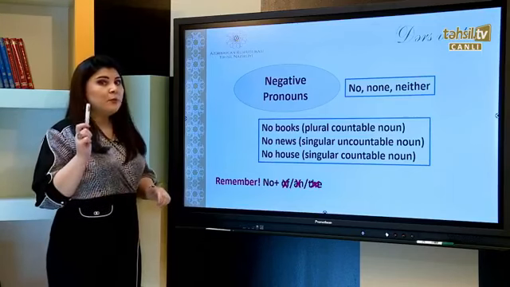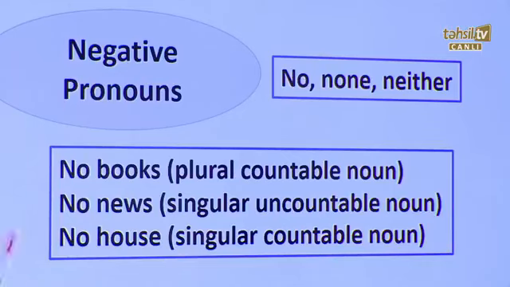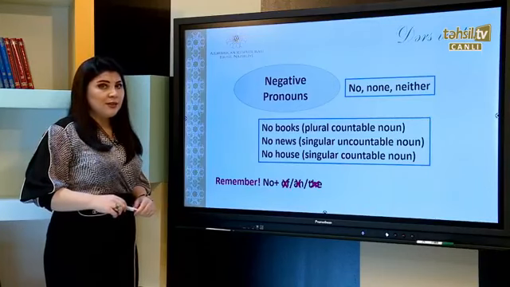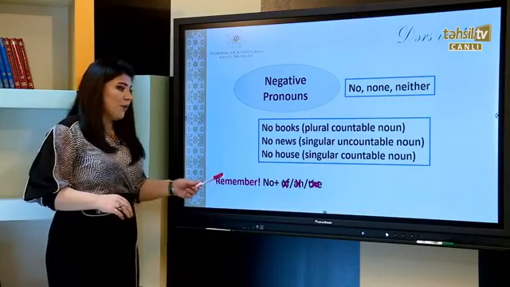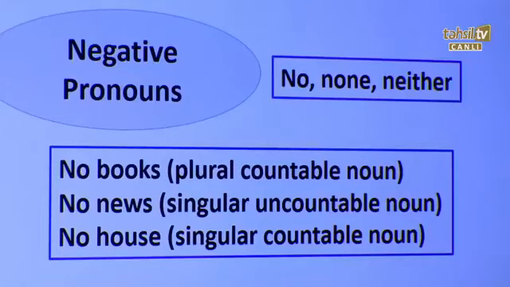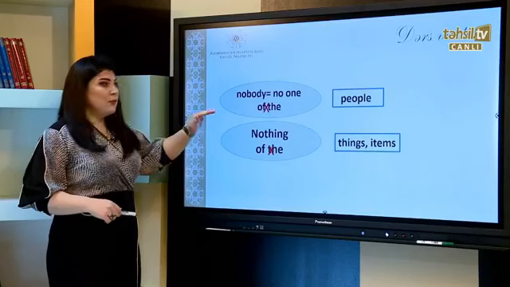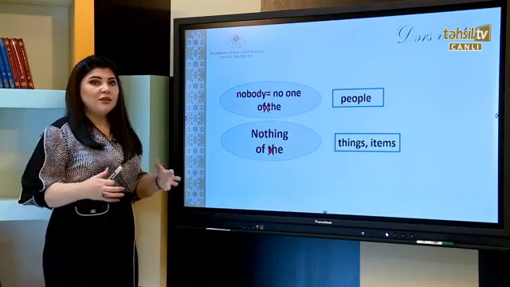And remember one thing, that we never use no with prepositions and with articles either. We never say no with an or the. Well, and nobody, no one, these are their derivatives.